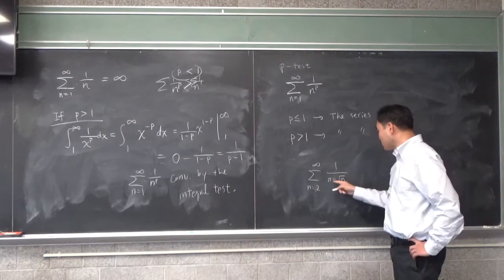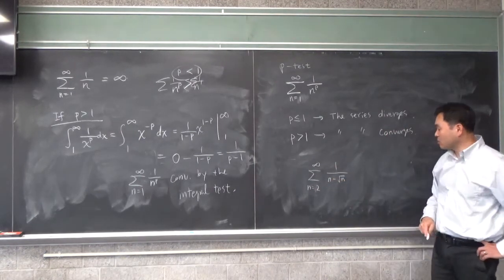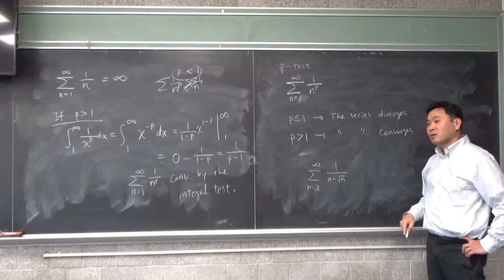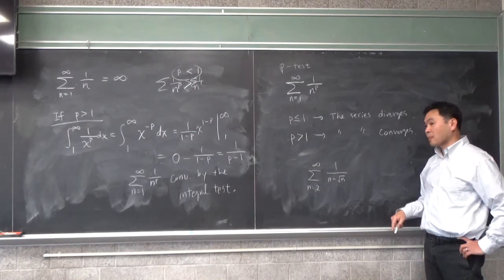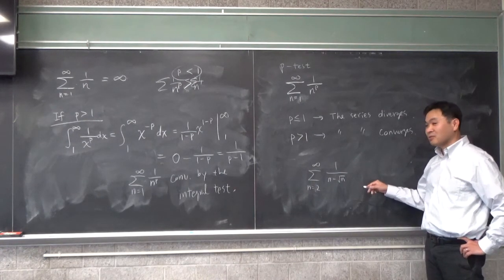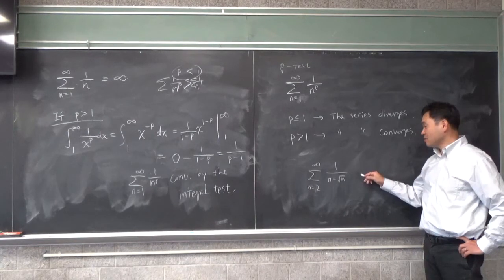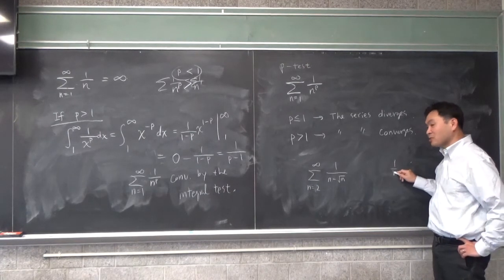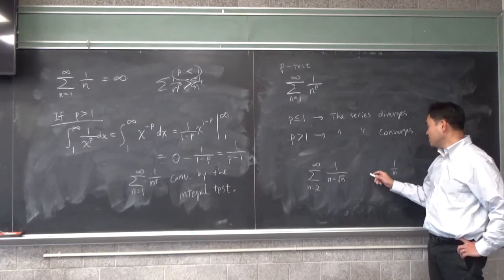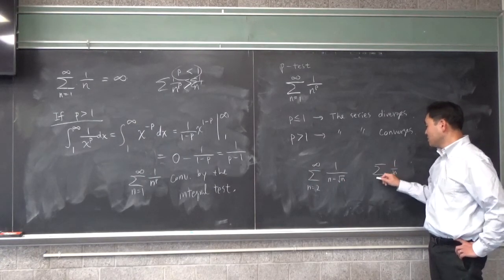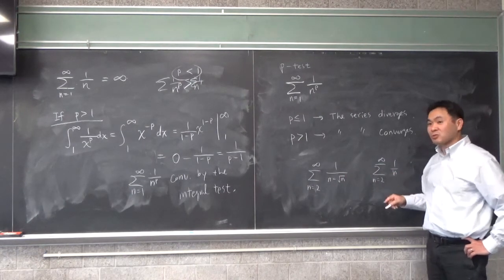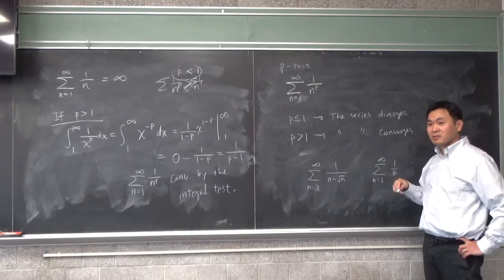If I plug in 1, then I get 0 in the denominator. What do you think will happen to this one? Is this bigger than 1 over n or less than 1 over n? Take these two sums. Which one's bigger? The other one.